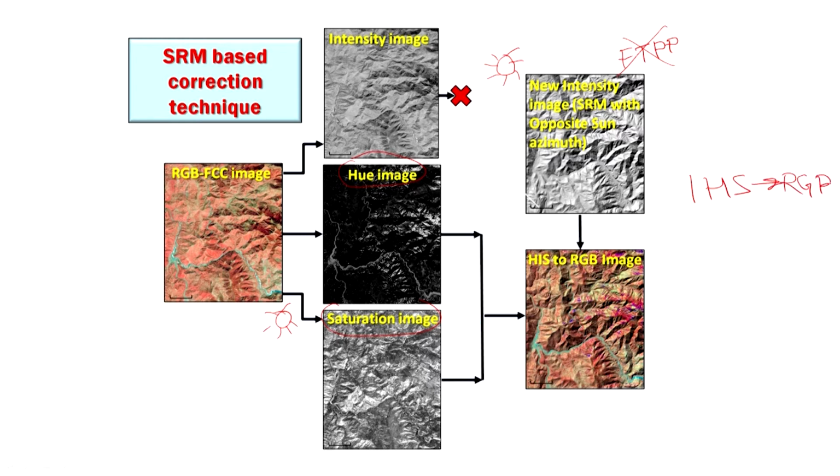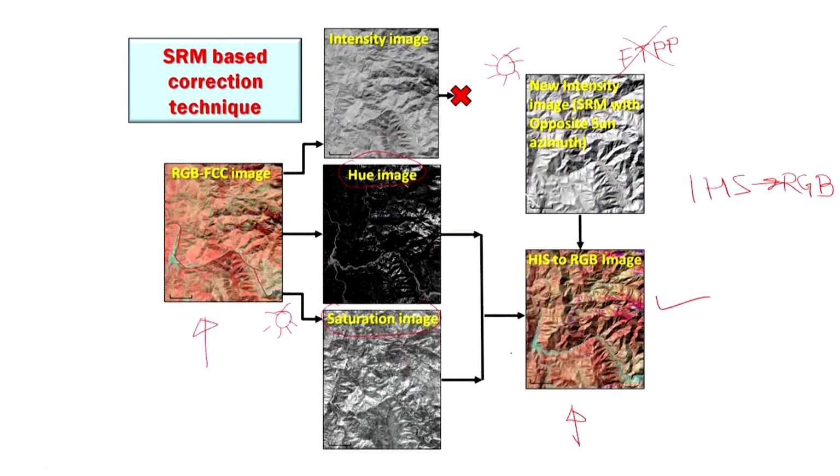And when we do this backward transformation as done here, if you compare this input image and this output image, you would notice that this river, the Bhagirathi river, which was visible as flowing on the ridge, which is not possible, because it was happening due to FTPP, is no more suffering from FTPP, and that river has gone into the valley, and now we are getting the correct perception. So a big phenomenon which was affecting our image interpretation and image analysis has been removed.